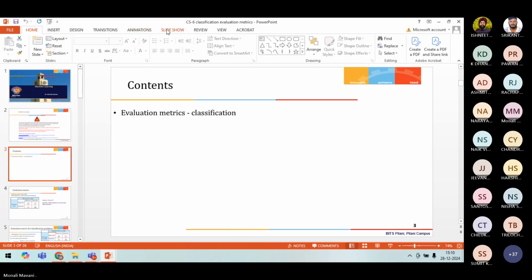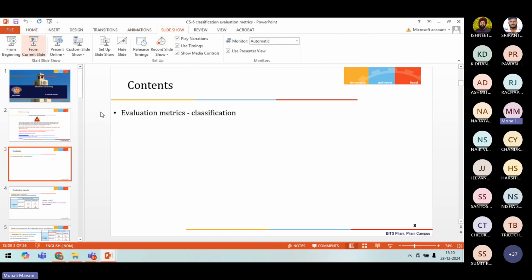Now I will talk about classification evaluation metrics. After linear regression, I discussed the regression evaluation metrics. Whichever regression algorithm is used, the regression evaluation metrics will not change. What are the regression evaluation metrics we have seen?